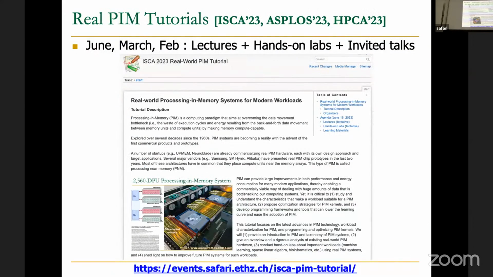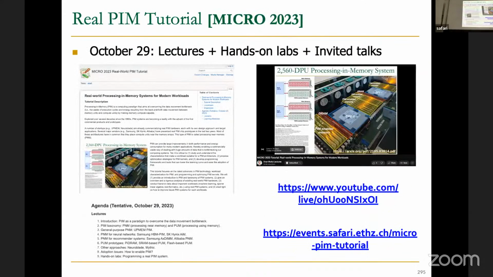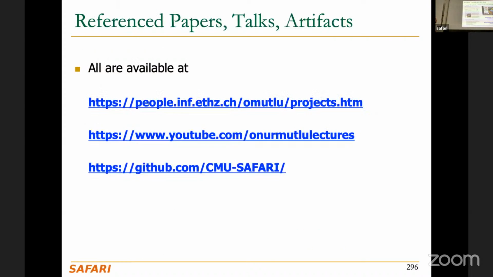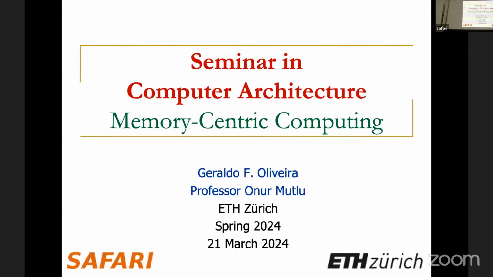Also tutorials in major computer architecture venues for real processing memory architectures. The last one was at MICRO 2023, and we have a follow-up one at ISCA 2024. If you want more references or information, you can check our web page or our GitHub, where you will find infrastructure that can be used to evaluate or analyze these processing memory architectures.